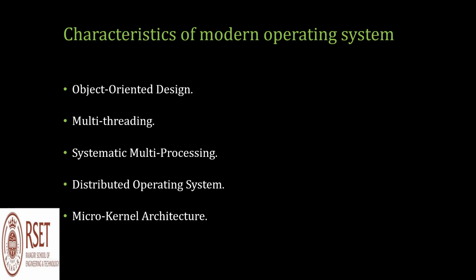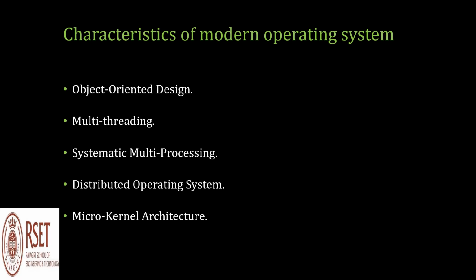Now the fourth listed characteristic is distributed operating system. A distributed operating system is an operating system that runs on a network of computers. The operating system, memory, files, etc. are shared by a number of users in the network from the server. For example, suppose you have 30 nodes connected to a server through a LAN.